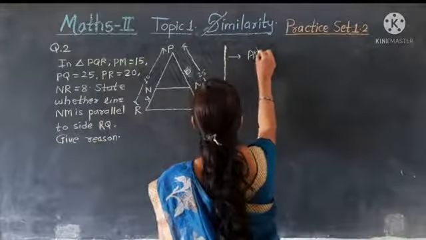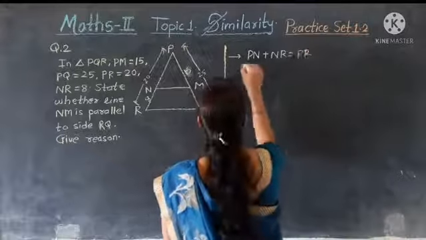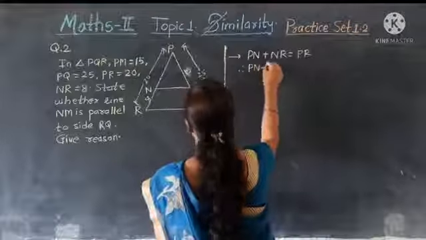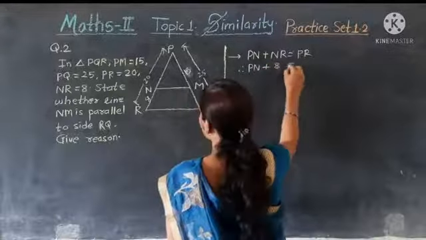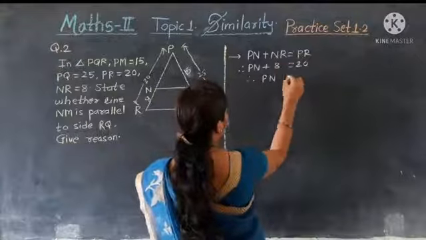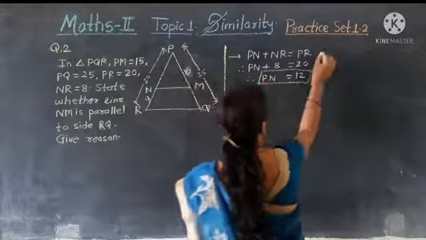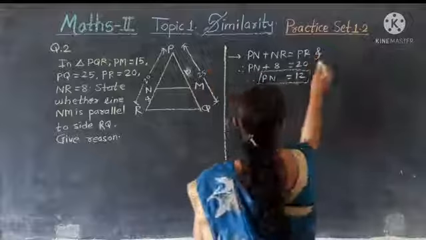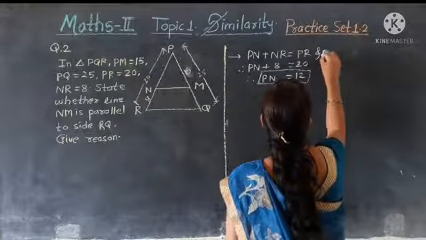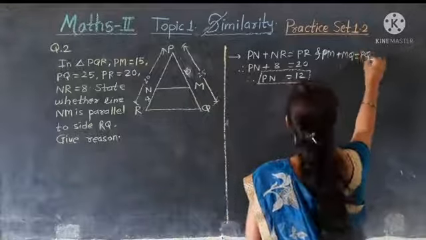PN plus NR is equal to PR. Therefore PN plus 8 is equal to 20. Therefore we get PN is equal to 20 minus 8, 12. And similarly PM plus NQ is equal to PQ.